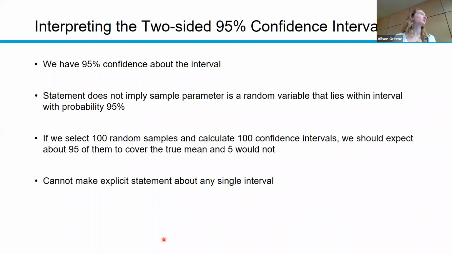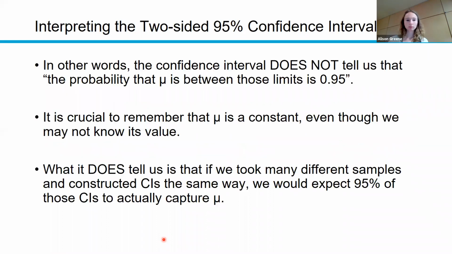But you can't make explicit statements about any single interval and whether or not it will capture the true parameter that you're searching for. So again, this doesn't tell us that the probability that mu is between those limits is 95%. It's important to remember that mu is constant. It's not something that's changing. It's just something that we don't know.